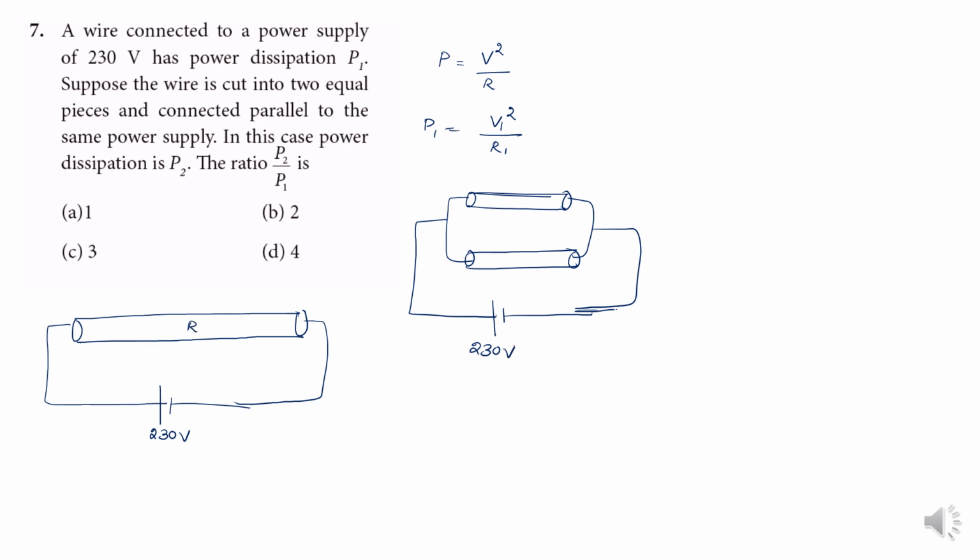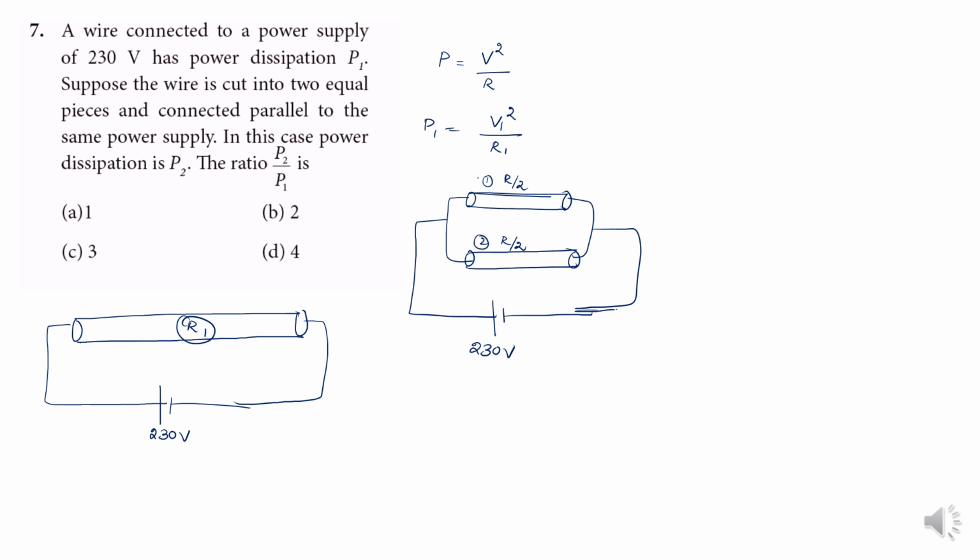Here the resistance was R1 and the supply was taken as V1. Here V2 is also 230 volt, but the resistance is cut and split into 2. So if R was the resistance initially, each portion is R by 2. Let this upper portion be 1 and second portion be 2.